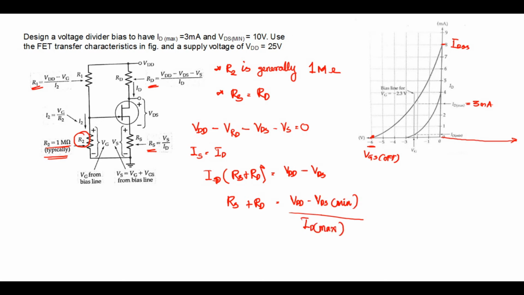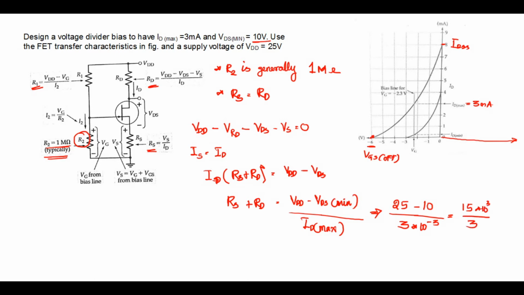So you can straight away substitute the values and you will get RS plus RD. Here VDD is 25 and VDS minimum is given as 10 volt. So 25 minus 10 divided by 3 into 10 to the power minus 3. What you will get here is 15 into 10 to the power 3 divided by 3.